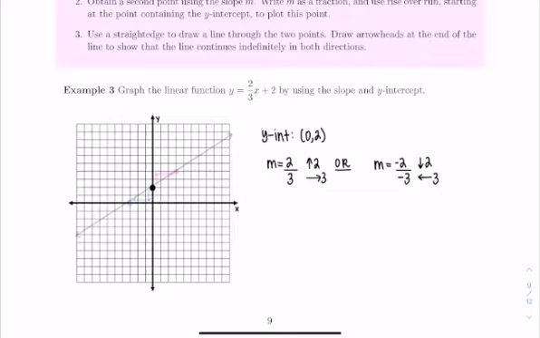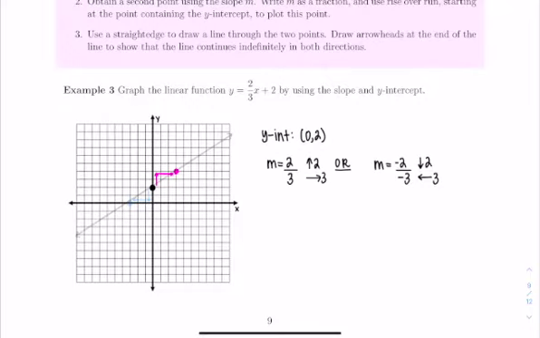Let's take the positive 2 over positive 3 first. You're going to go up 2 units from your y-intercept, and then you're going to go to the right 3 units. And then you're going to put your point here. Let's go in the other direction, just so you can see that it will fall on the same line.